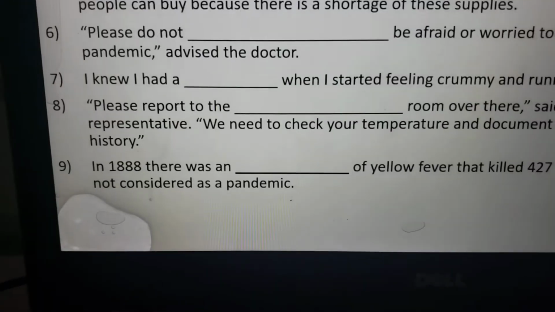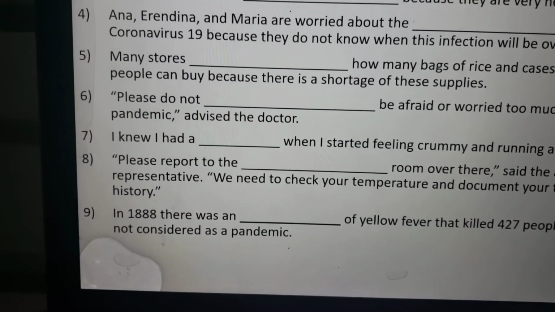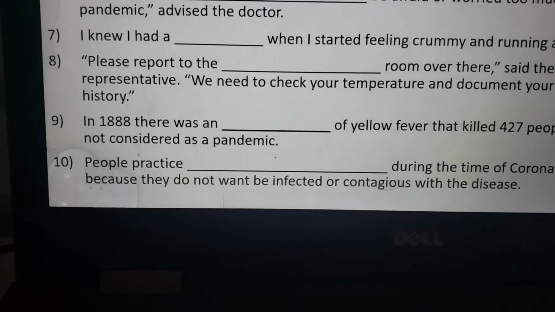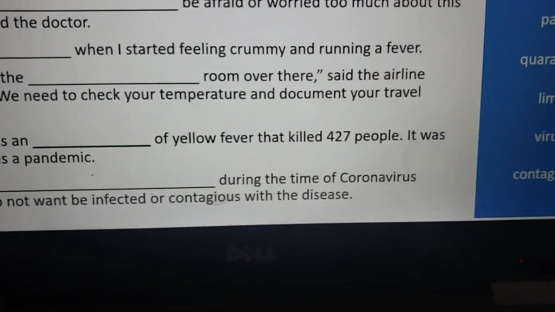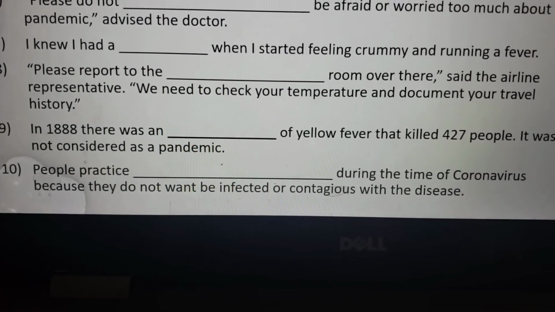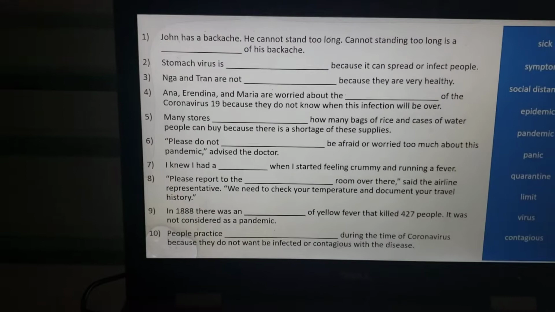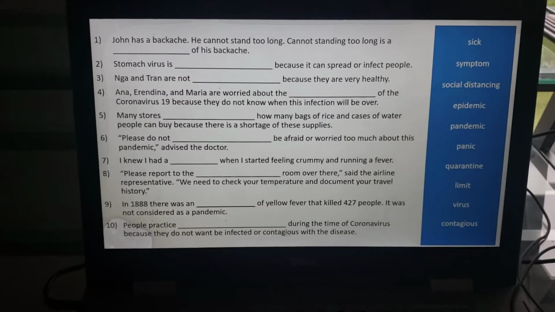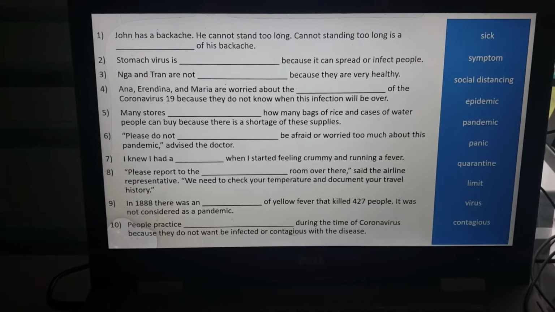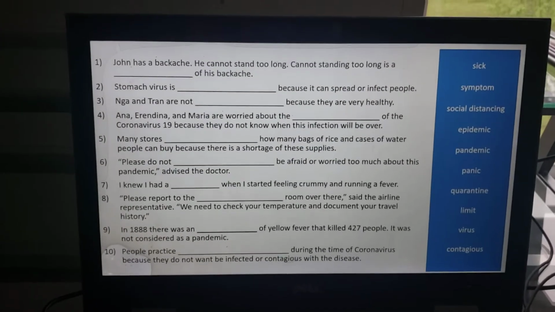It was not considered a pandemic. People practice blank during the time of coronavirus because they do not want to be infected or contagious with the disease. Okay? So if you can fill in the blank with these words that match the sentences.